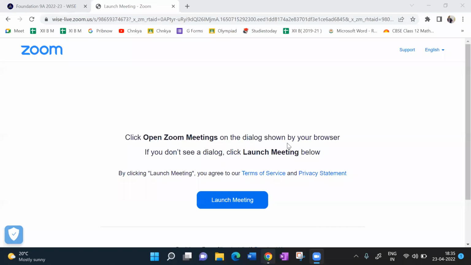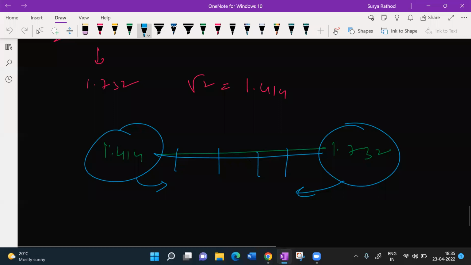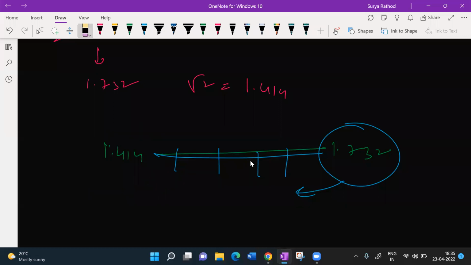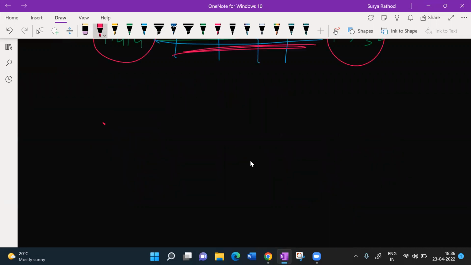Look at this. If you have no doubt, you others can leave. I have another class. Here, this is root 2, root 3. There will be infinite numbers, I said. Now you are asking root 3 and 2, correct? This is 1.732. This is 2.